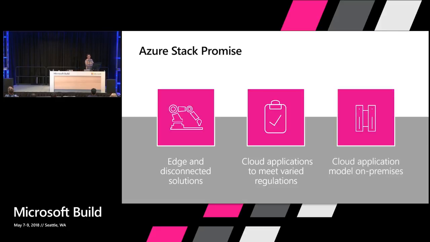And finally, being able to run modern apps on premises and integrate those modern apps with existing systems. For example, you may have factory floor systems that you'd like to integrate while designing an application based on functions, serverless computing, or API apps.